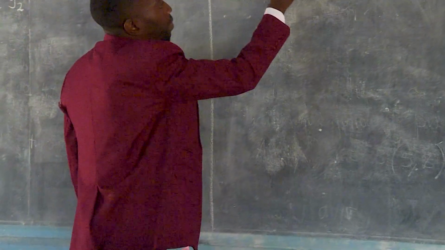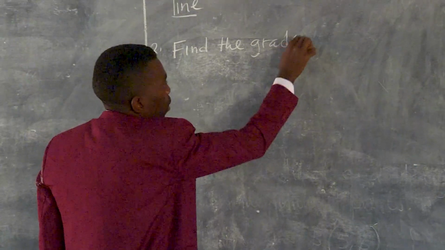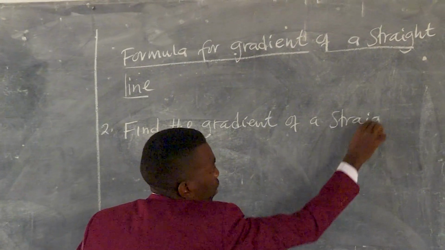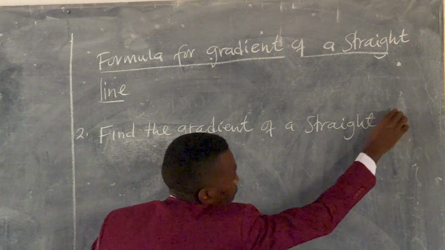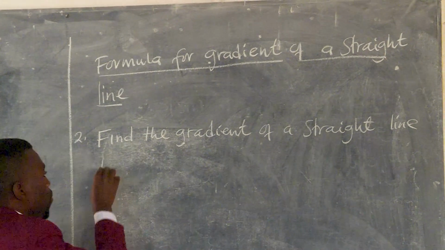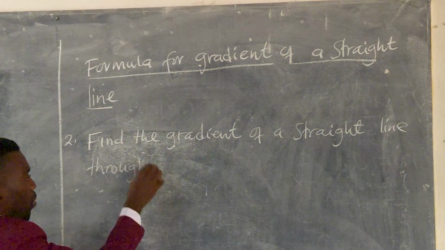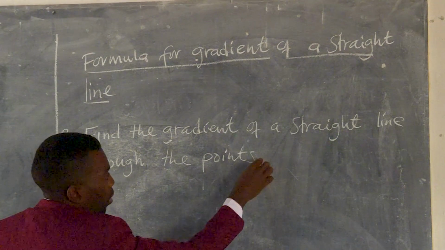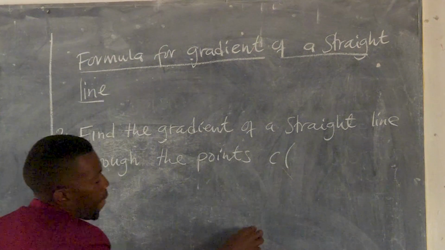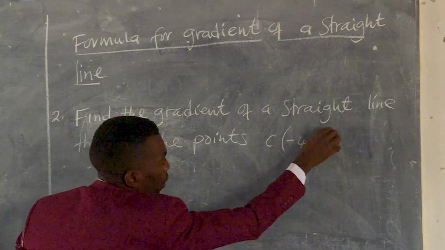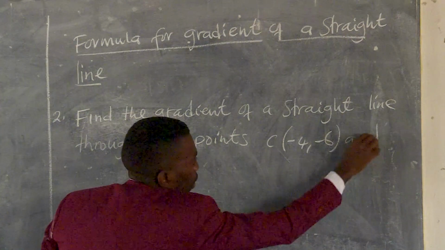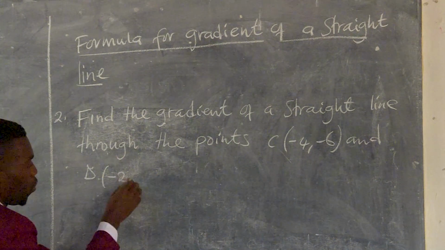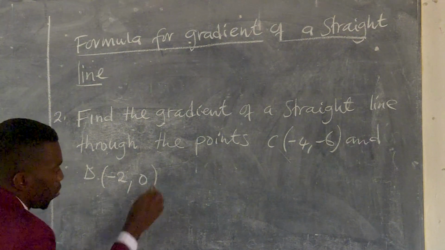Find the gradient of a straight line through the points C (-4,-6) and D (-2,0).